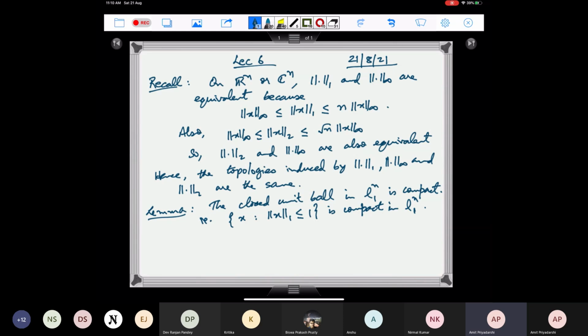And what do we know in the Euclidean norm? A subset is compact if and only if it is closed and bounded. Right? So if we know that this is a closed and bounded set in the Euclidean space, then it has to be compact.